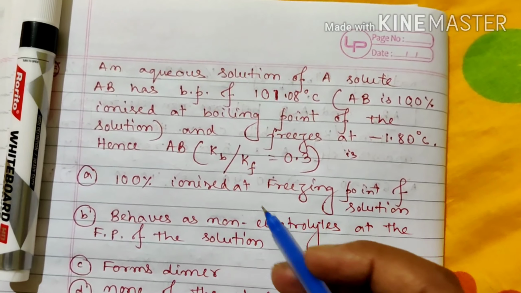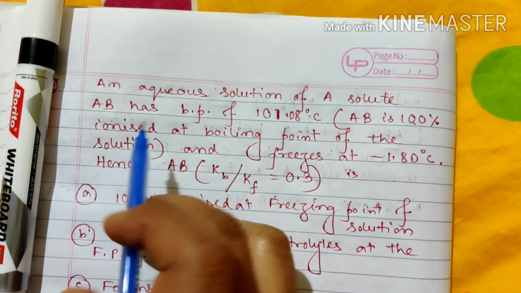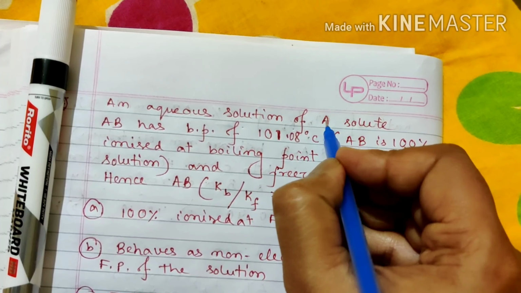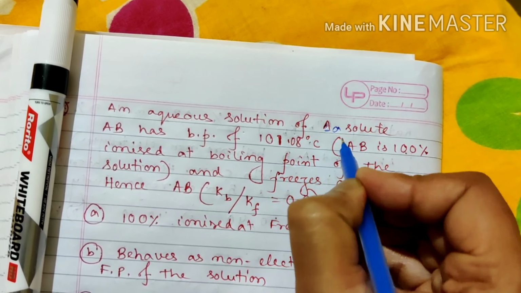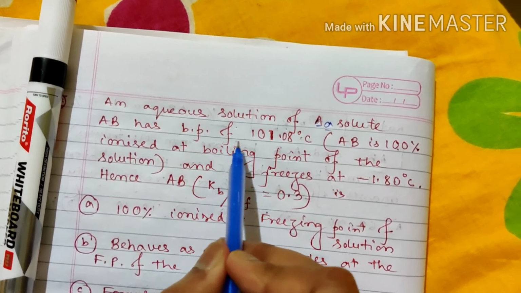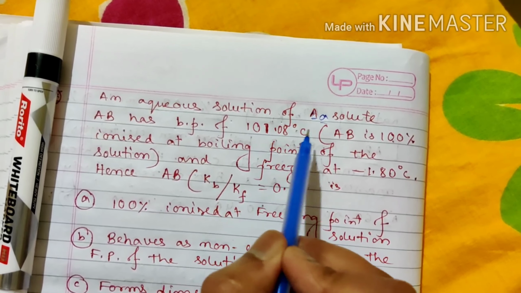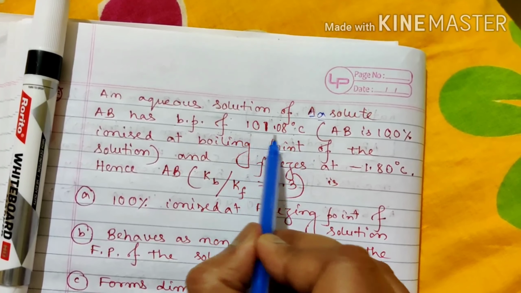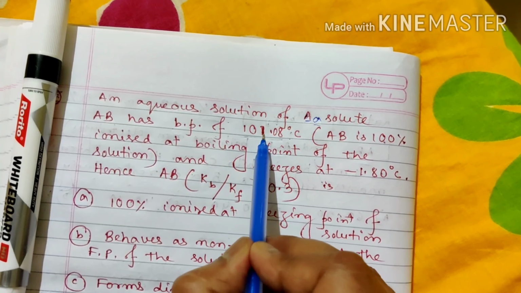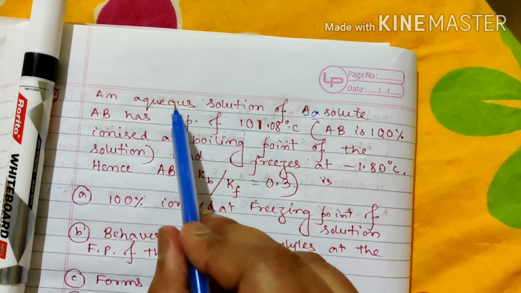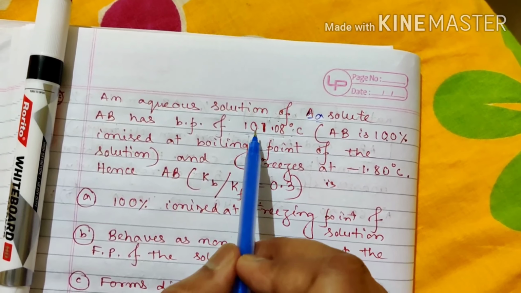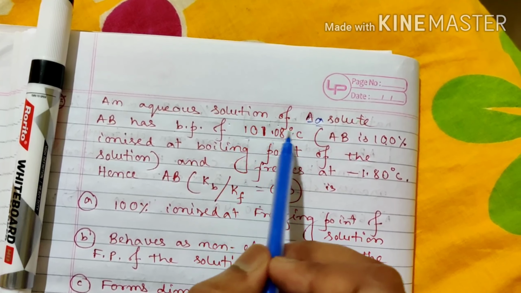Next question. Question is, an aqueous solution of a solute, A means just a solute, AB has boiling point of 101.08 degrees Celsius. Check it carefully. Solution, when it is formed, the boiling point is of the aqueous solution. That means from water the solution has formed and its boiling point is greater than 100.